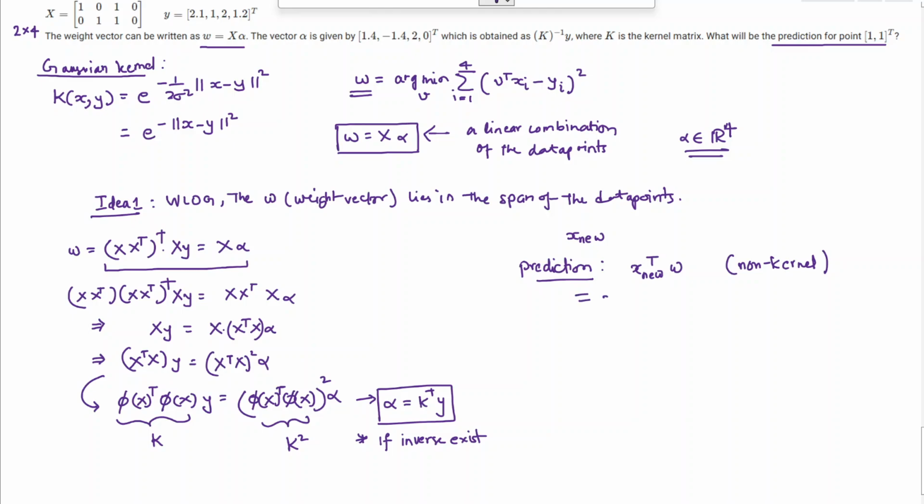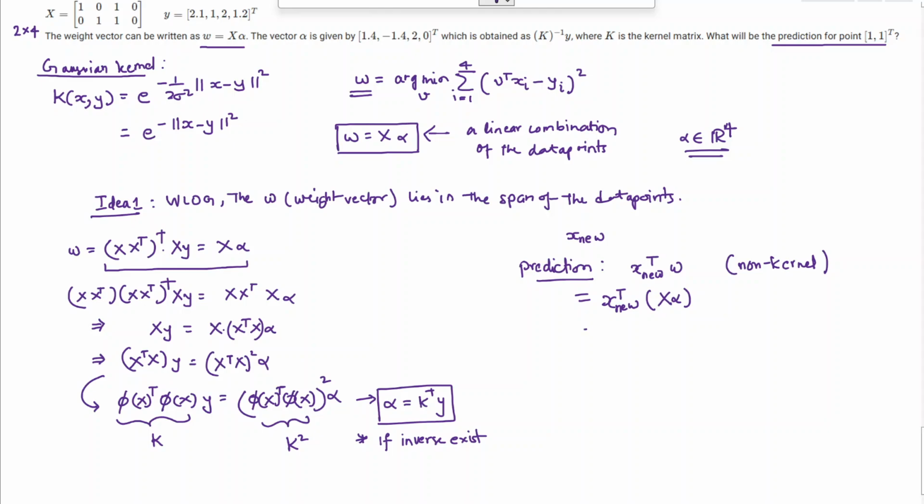So now we know that w is nothing but capital X times alpha, right? And what is capital X? The ith column of capital X is the ith training example.